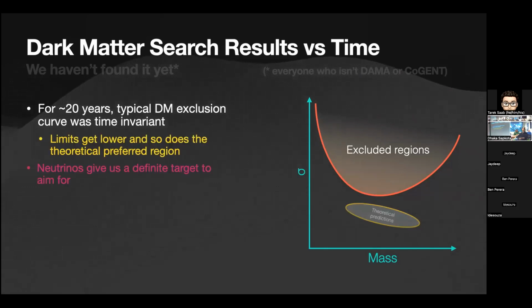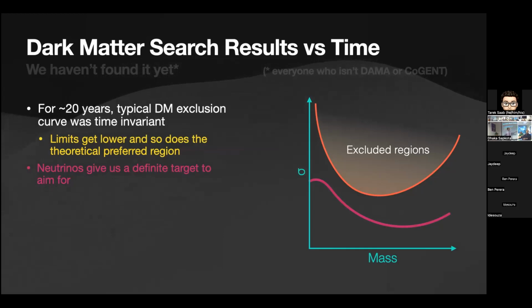Anyway, over time you keep going down and everything looks the same, but then, as of the last few years, a new feature starts appearing in these plots, which is the neutrinos I mentioned. At some point, the experiments are so sensitive that you'll start seeing neutrino events. And below a certain cross-section, the pink line represents the equivalent dark matter cross-section for which you'll start seeing too many neutrinos in your experiment to really make a claim on the dark matter.